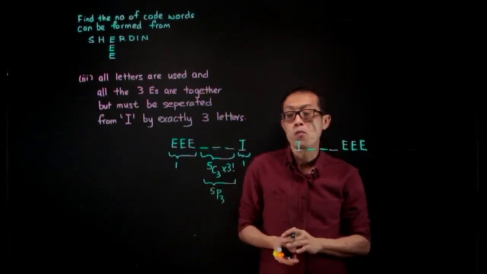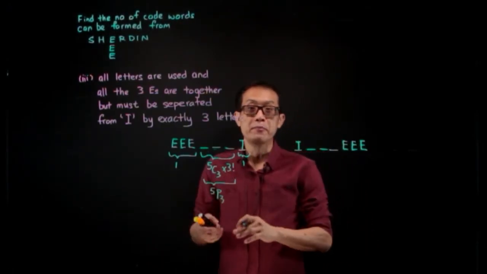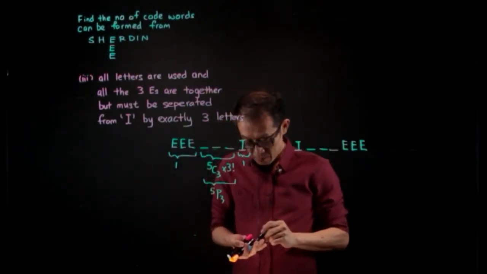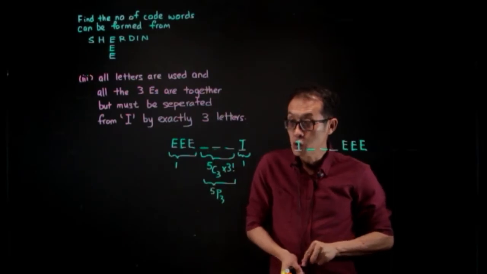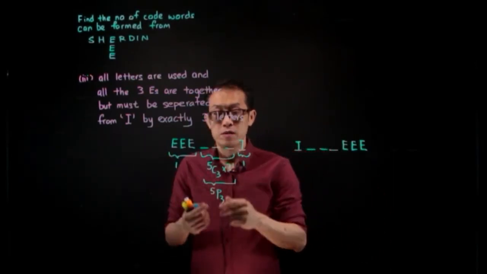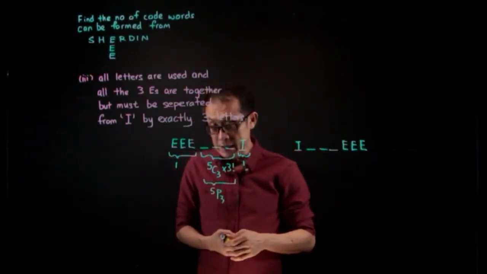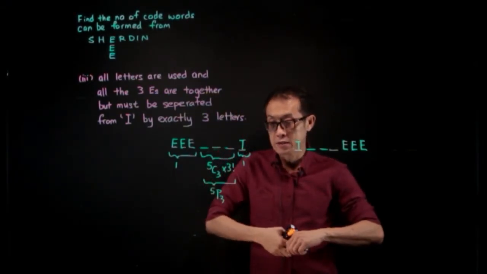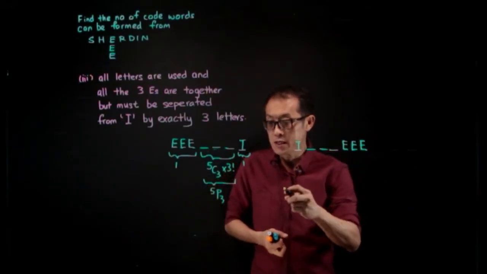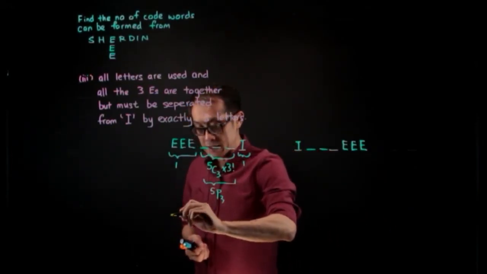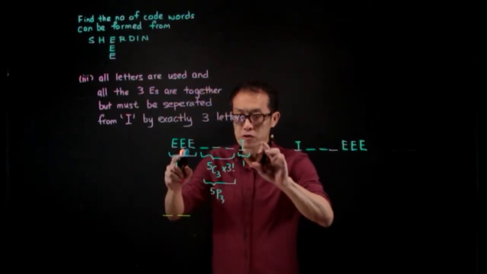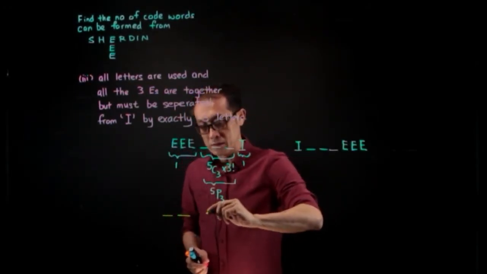Then I permutate them. Now, how about the remaining 2 letters? How are we going to place them? Now, one simple trick is, you consider the 2 remaining letters as this. Now you consider this as one entity.